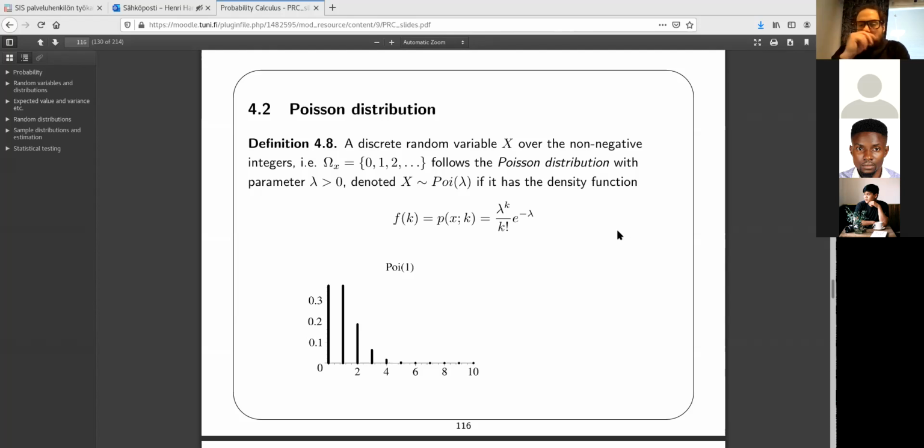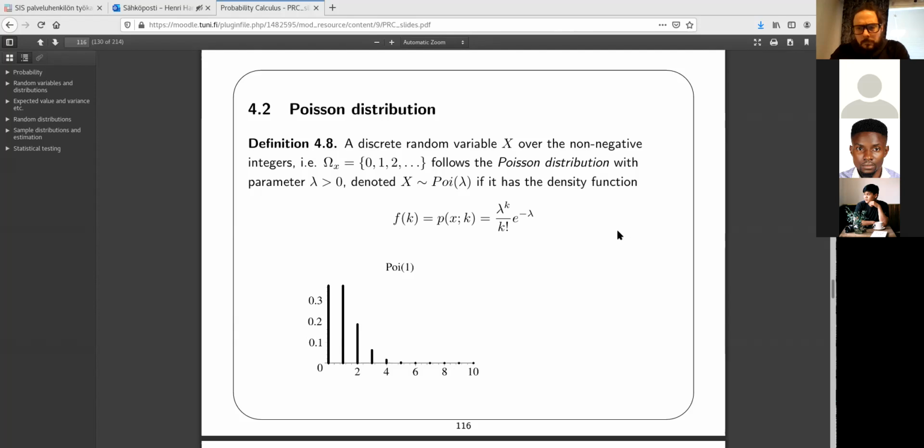I mean, it goes all the way to infinity. And we say that it follows the Poisson distribution with this parameter lambda. And it's just one parameter, lambda. And it has this density function that looks kind of like an exponential function, but really, the k there only appears in the exponent: lambda to the k divided by k factorial times e to the minus lambda.